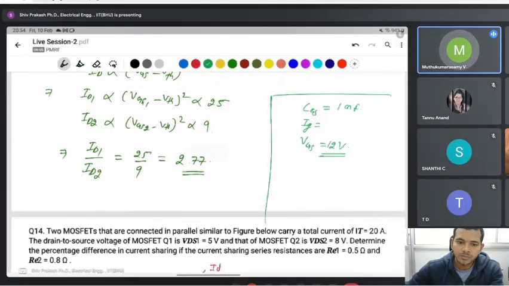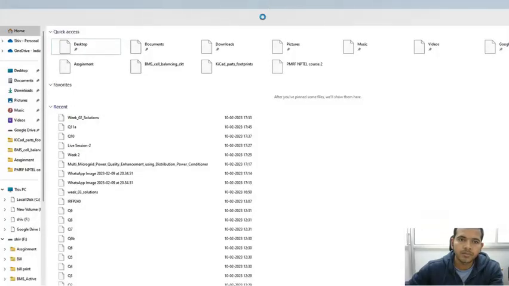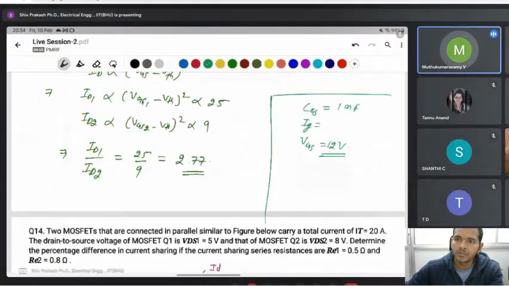Sir, I think in this problem, at the initial time, some value of current will flow, some IG. After that, IG is 0, I think, since it is a MOSFET. Already IG is 0 because of sustain the turn on. So answer should be 0.